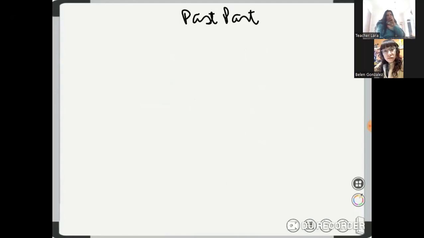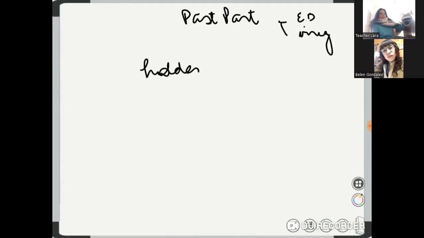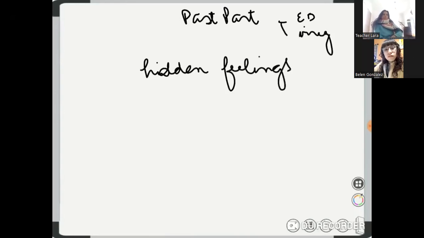Now, second group, we said we are the past participles. Past participle of the third column, you know, the verb with ed if it is regular, the irregular form if it is irregular, right? Now, a past participle as pre-modifier of a noun. For example, if I speak about hidden feelings, we know that hidden is the past participle of the verb hide. And then we have the noun, which is our head. How do we interpret this idea?